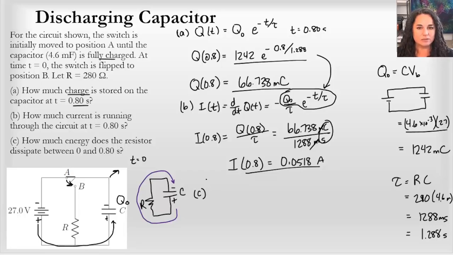Part C, I've seen students struggle with this because it says between 0 and 0.8 seconds, and we just got done doing a derivative, and I think when students see between 0 and 0.8 seconds, they want to take an integral, right? Like, it's kind of suggestive. I go from 0 to 0.8 and I'd integrate something. It says, how much energy does the resistor dissipate between that time?